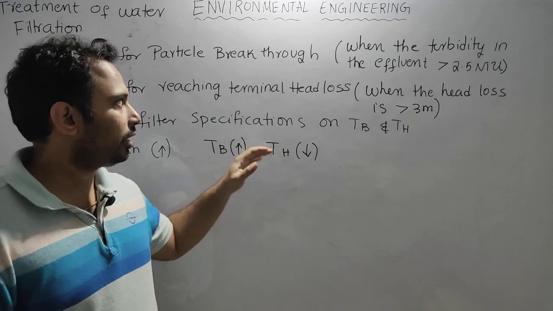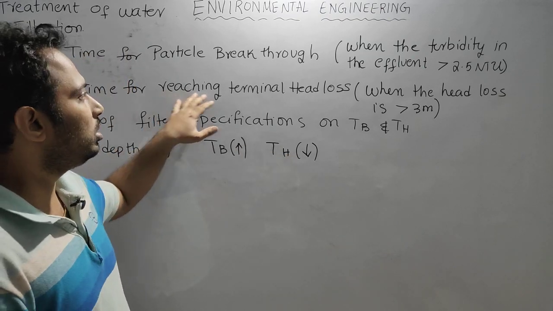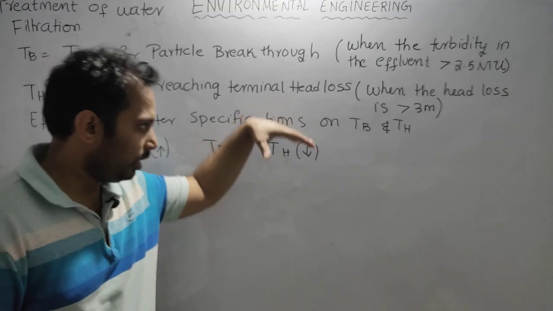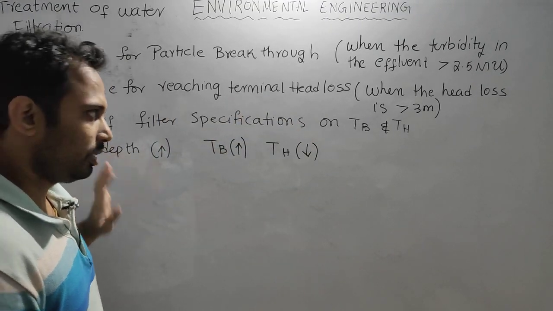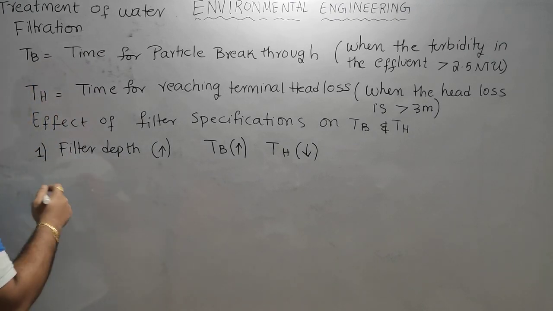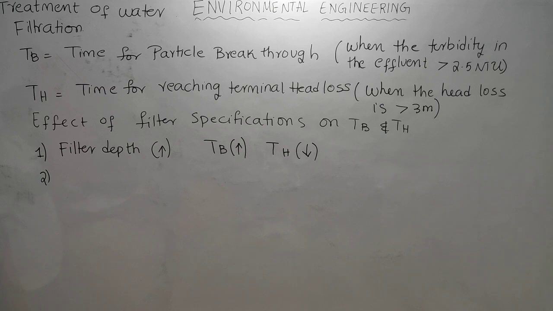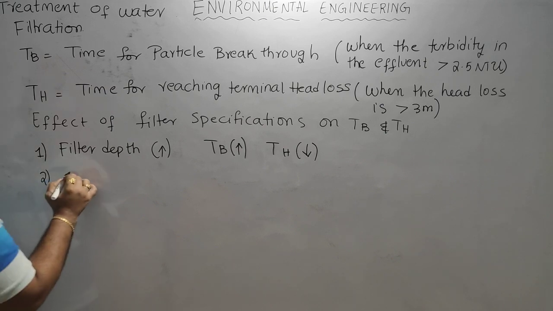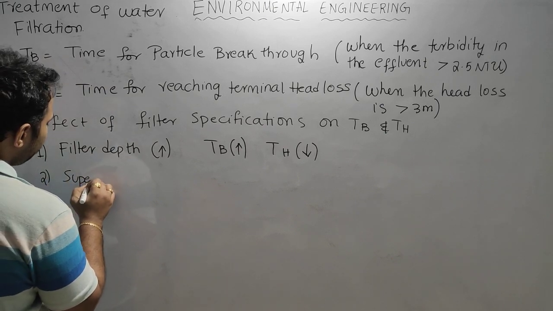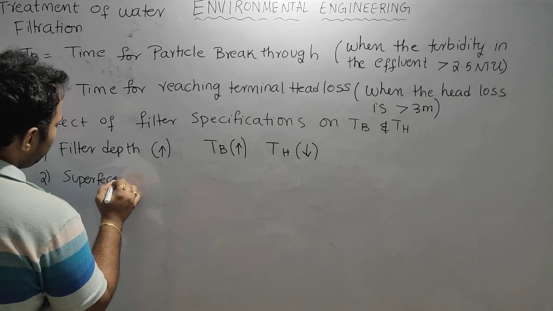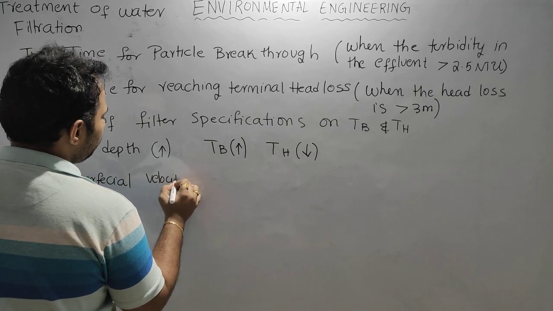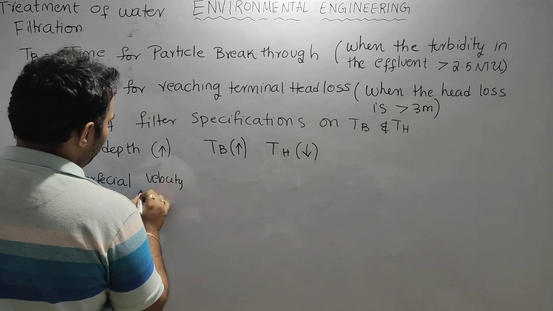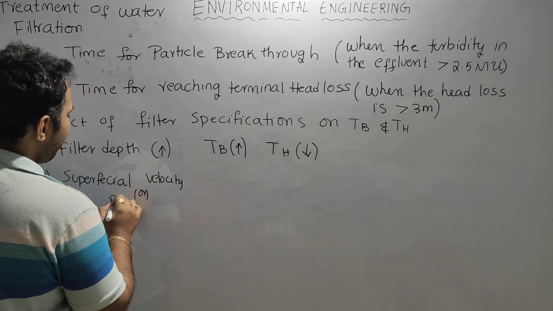So that is why the time required for reaching the terminal head loss decreases when you increase the filter depth. This is one specification. Next specification is superficial velocity, that is rate of filtration, ROF.